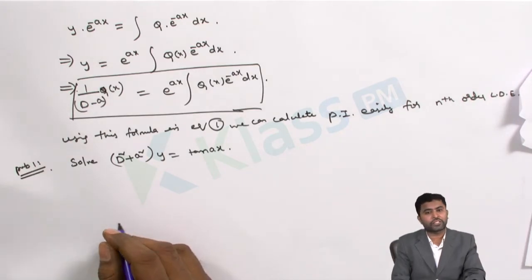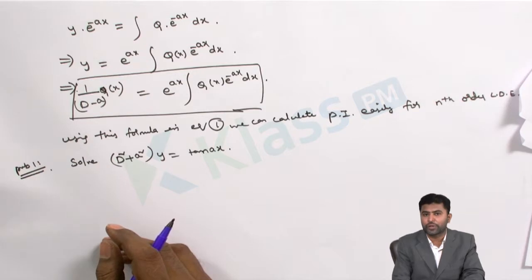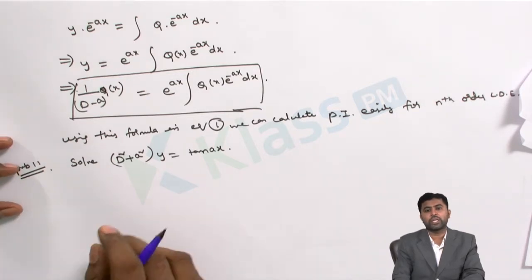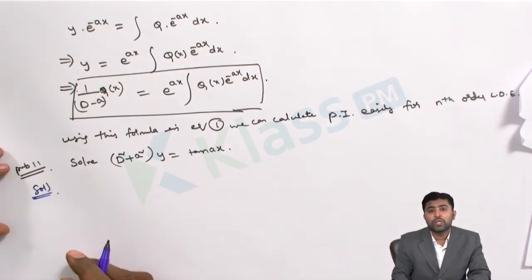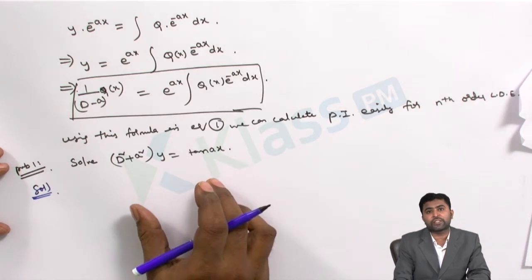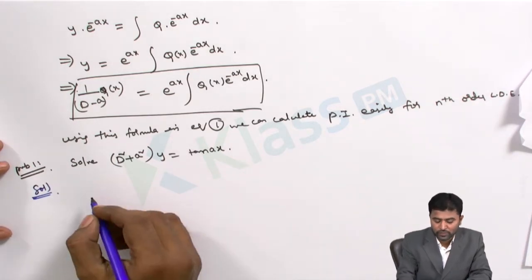Finding the complementary function is the same as what we have done in the homogeneous differential equations. Only for finding the particular integral, we have to apply the conditions we have written just now. So this is a non-homogeneous linear differential equation.